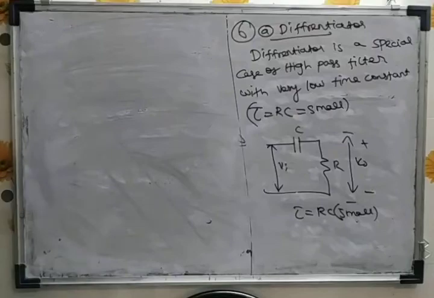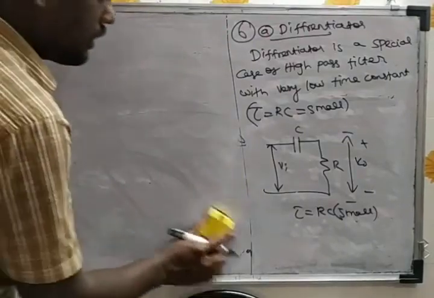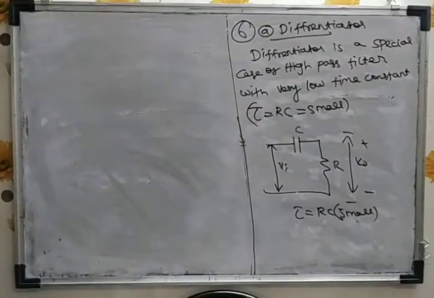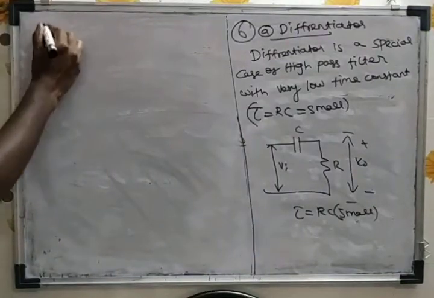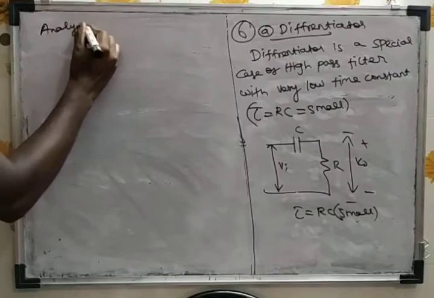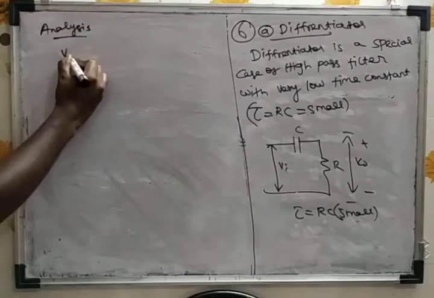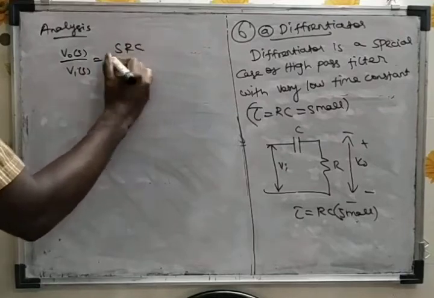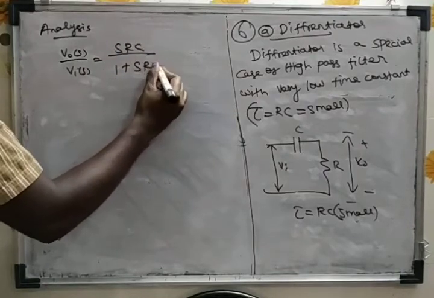So we know that from equation 1, V naught of S by VI of S equals SRC by 1 plus SRC.